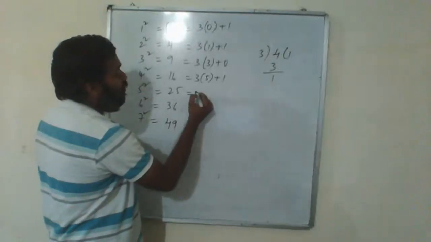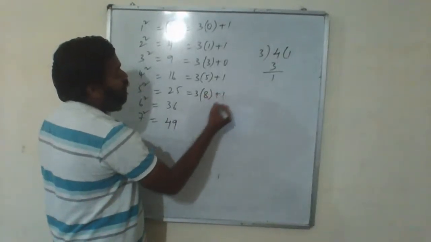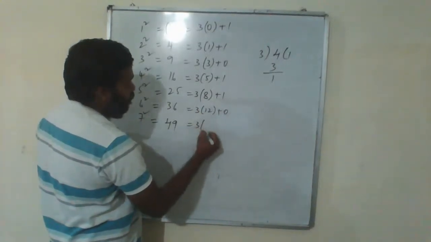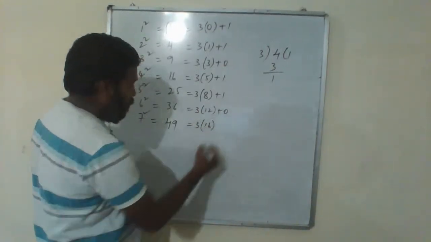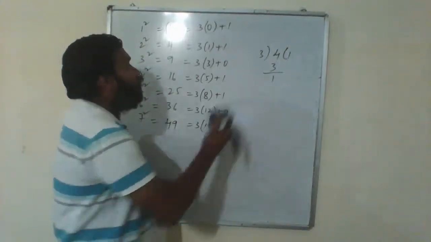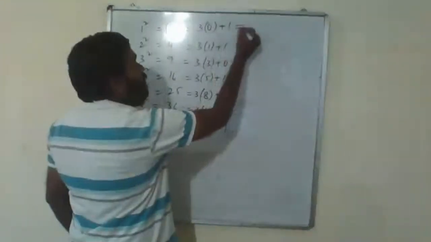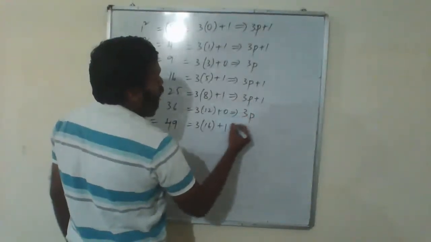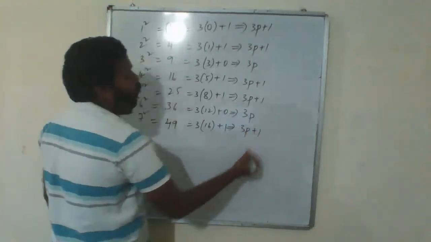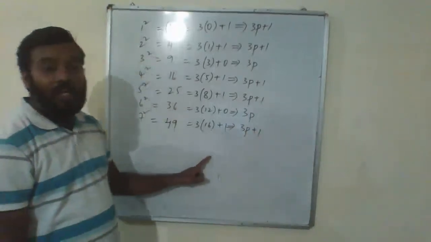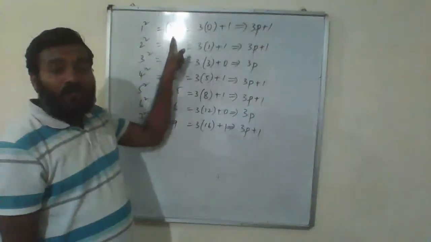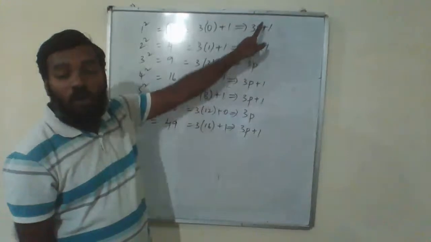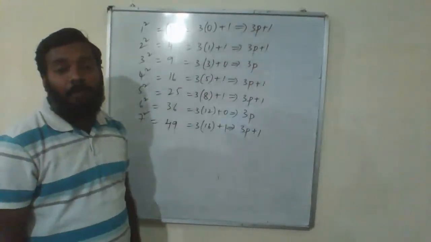Again, go for 25: 3 into 8 plus 1. 36 is 3 12s. 49 is 3 16s plus 1. So if you see here in general, this is 3p plus 1, 3p, 3p plus 1, and so on. You can say that the square of a positive integer is of the form 3p or 3p plus 1.